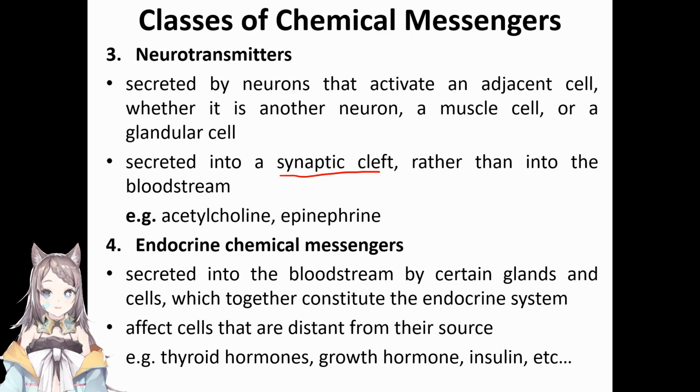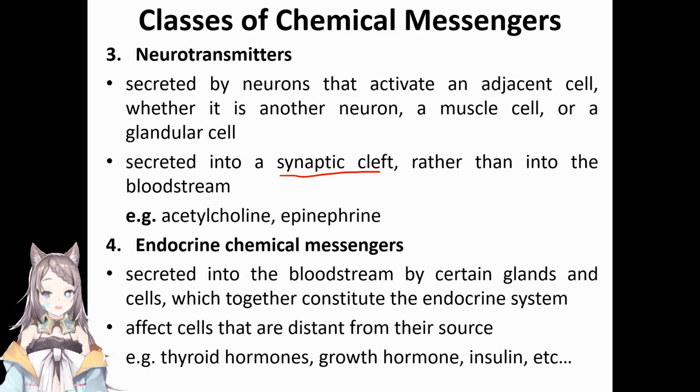Two examples of neurotransmitters are acetylcholine for our parasympathetic nervous system and norepinephrine or epinephrine for our sympathetic nervous system.